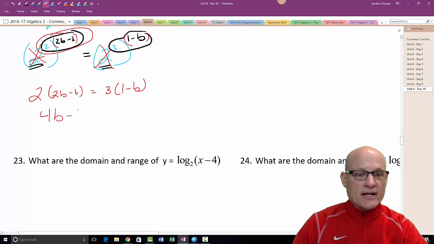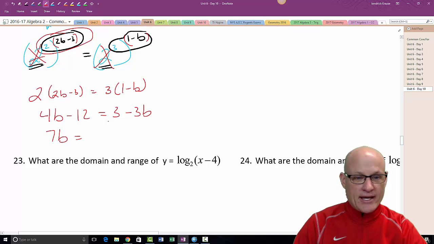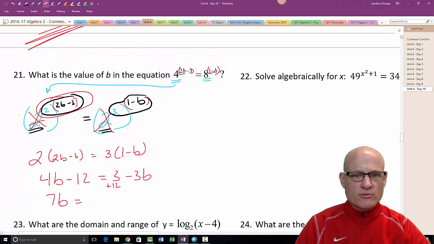4b minus 12 is equal to 3 minus 3b. If I bring this over, I get 7b equals, add 12 here, I get 15. Something's wrong, kids. My number's wrong.